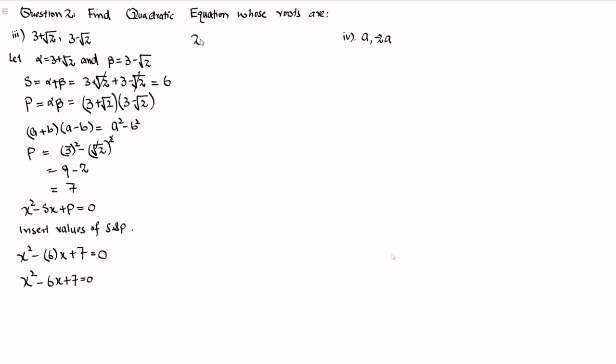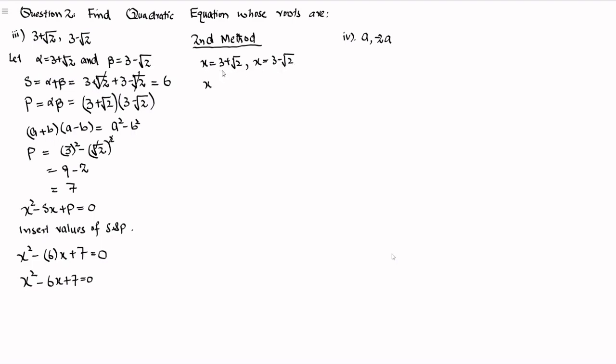Now let's solve the same equation using another method. One root is 3 plus under root 2, so we can write that x is equal to 3 plus under root 2, and the other root is x is equal to 3 minus under root 2.